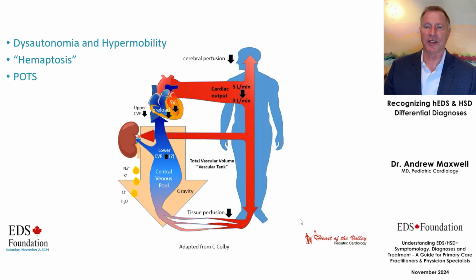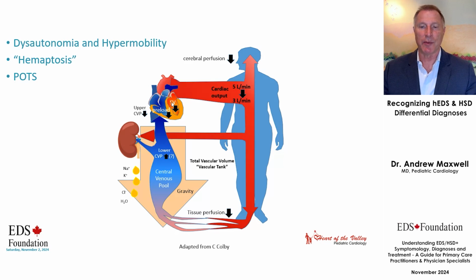From a cardiovascular standpoint, what we're seeing is this phenomenon of the central venous pool sagging away from the heart. And that sagging away makes it difficult for blood to enter the heart when it asks for more blood. So you can imagine the heart opening up, relaxing, the ventricles opening up, and basically having very low pressure so that the blood can passively fill the chambers.